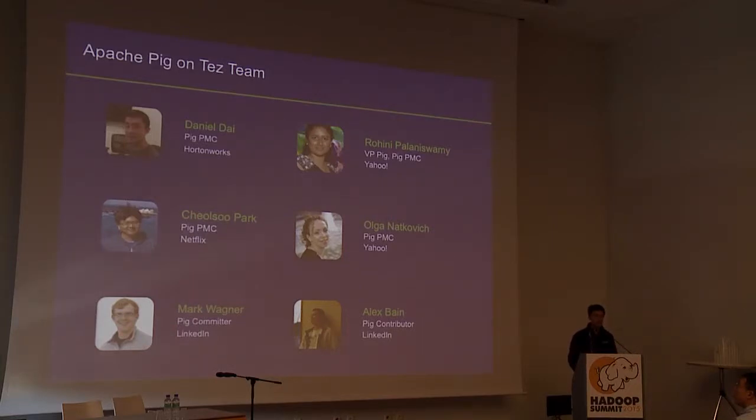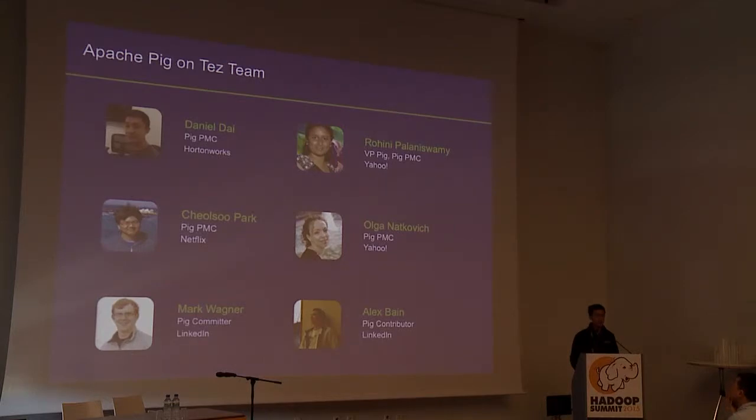So here is the team. This team is kind of special compared to other projects. There is no single company driving the development. Instead, we have a virtual team, which consists of Rohini and Olga from Yahoo, Cheolsoo from Netflix, Mark and Alex from LinkedIn, and me from Hortonworks.